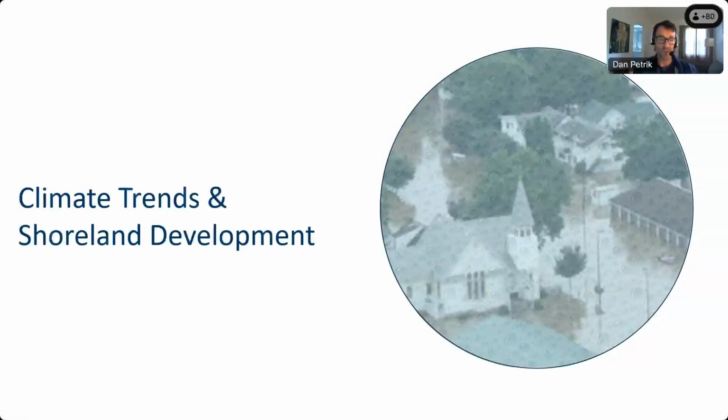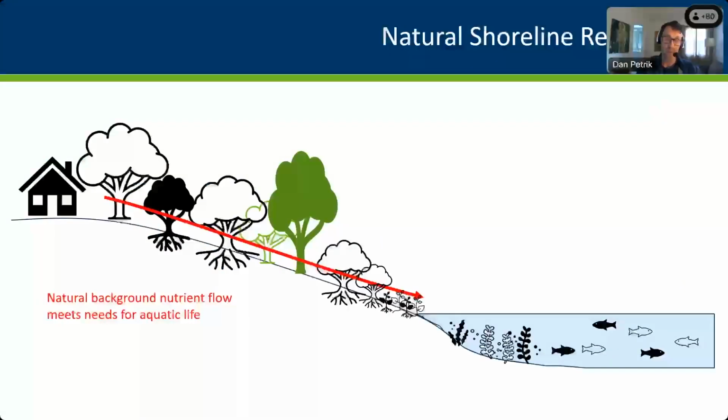And we just have a series of graphics here to sort of make the case for that. Here is our ideal natural shoreline environment. No one has intensely modified or clear-cut the shoreline vegetation. We have a natural background of nutrient flows moving into the water body. So everything is essentially in balance here.